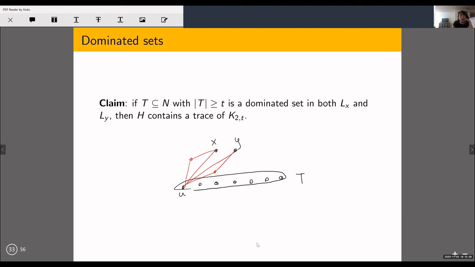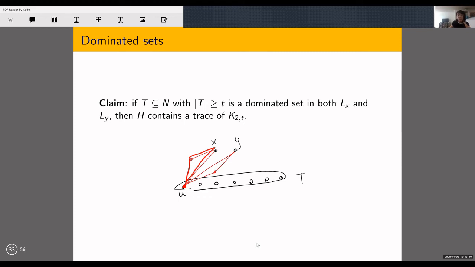I have my vertices X and Y, and I have this dominated set T. So I pick a vertex in this dominated set, and in the link graph of X, it's dominated by some vertex that lives outside of T. So in particular, we have this edge L, which includes U and X, and then some vertex outside of T. We do this for every vertex here, and then for every X and Y pair. And that's going to give us a trace of K_2,t.